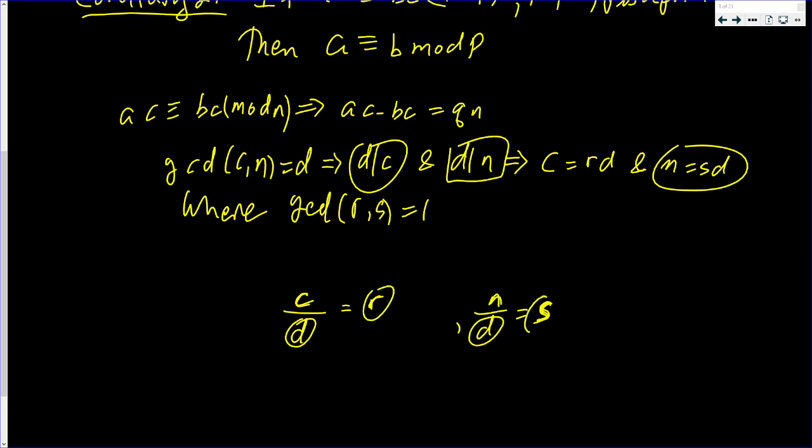R and S can't have any common factors. If they did, then you didn't use the greatest common factor. That is why R and S have only 1 as their common factor. Okay, so what does that mean?